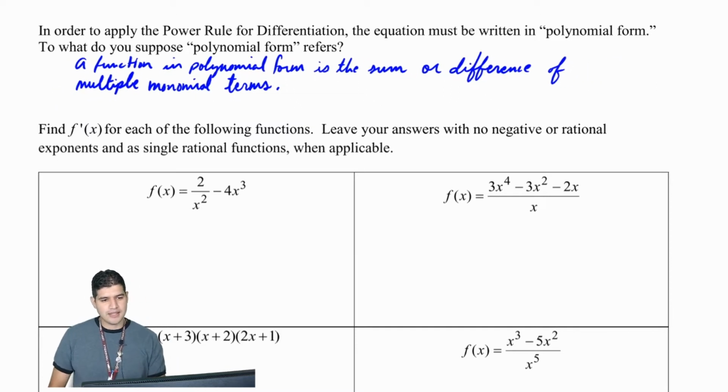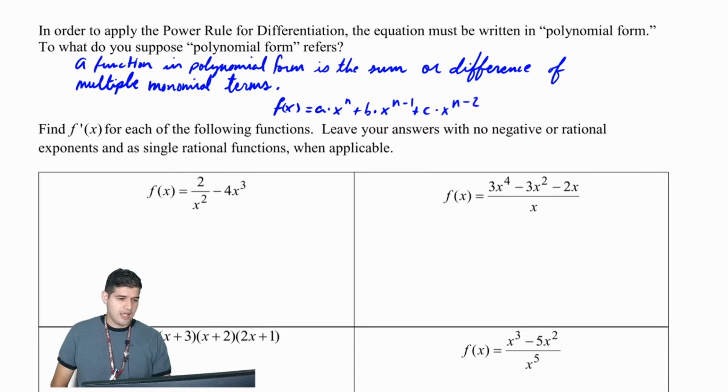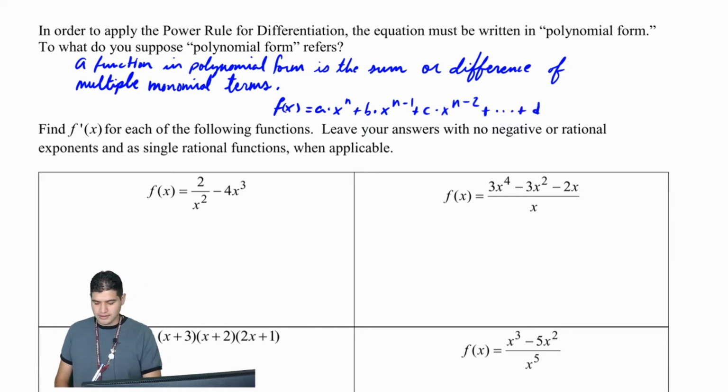Well, you could have something that says f of x equals a times x to the n, plus b times x to the n minus 1, so some other exponent there, plus c times x to the n minus 2, and this could keep going on forever, all the way at the end to a constant.